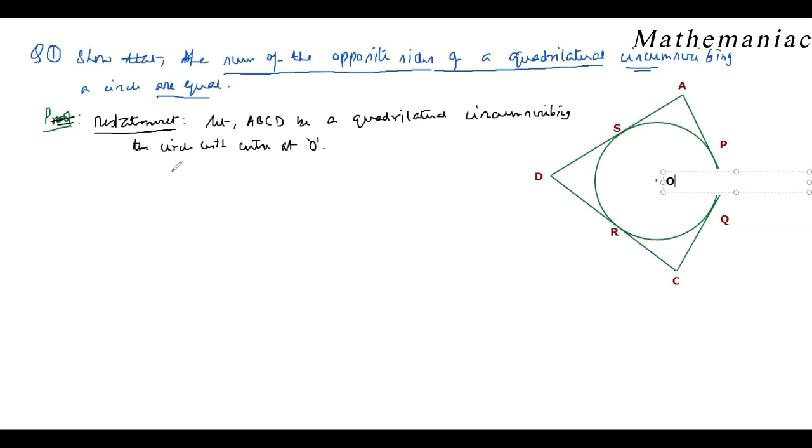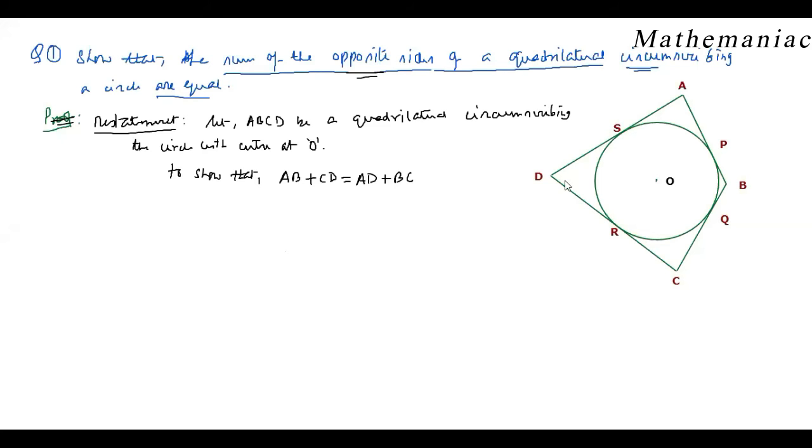To show that the sum of the opposite sides are equal. So if I pick one side as AB, its opposite side will be CD. So AB plus CD is equal to AD plus BC. Now, if you would like to compare, you can compare the problem with your book. It is exactly the same question, question number 8.